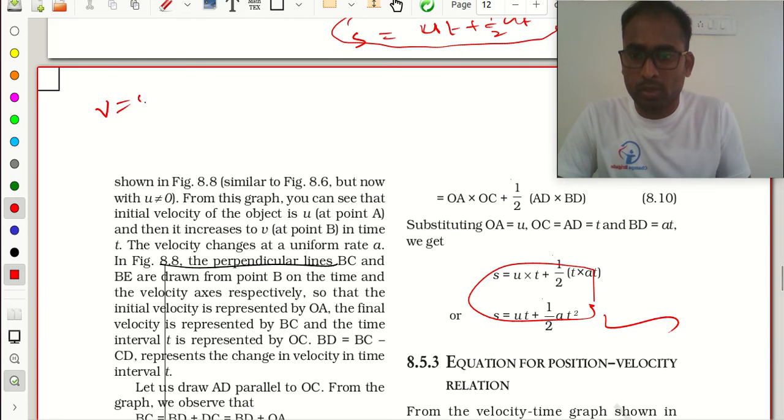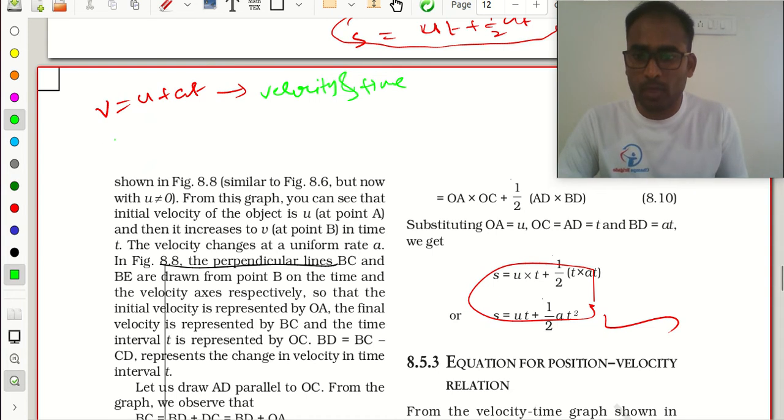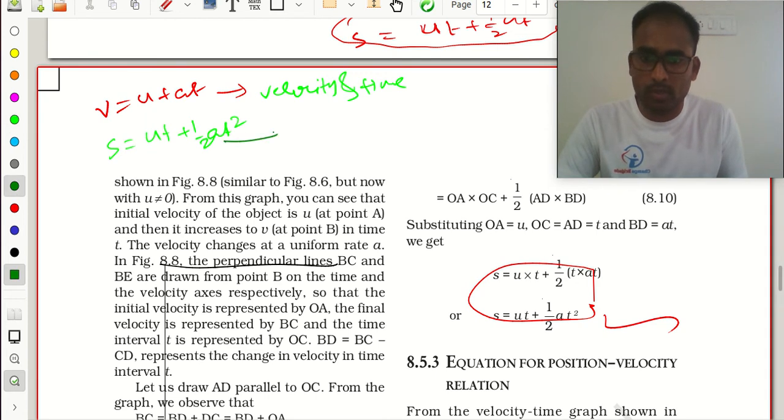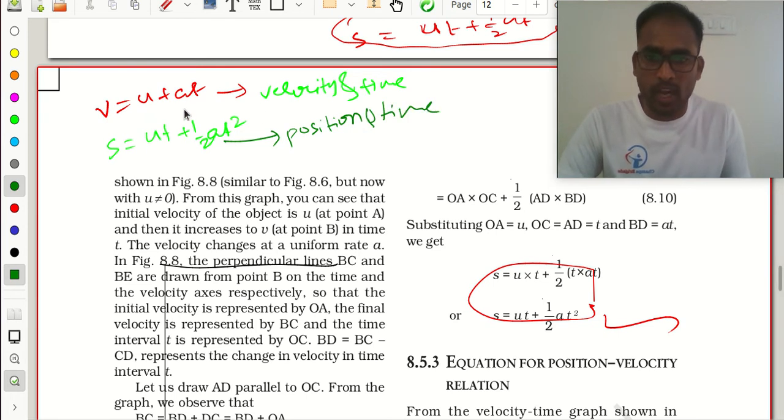V is equal to U plus AT, this is the velocity and time relation. And another is the position and time relation, S is equal to UT plus half AT square. In these two equations the common variable is T only.